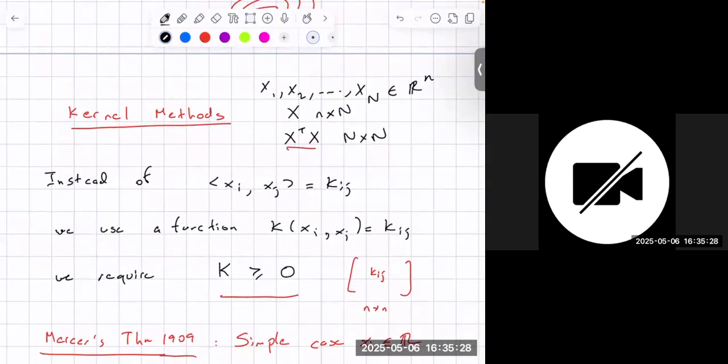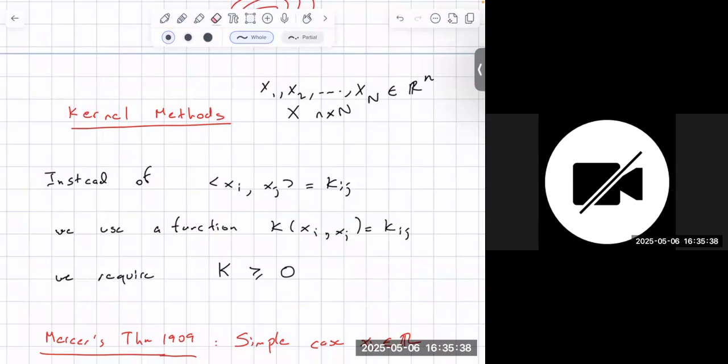Then we started talking about kernel methods last time. So what's a kernel method? So far, when your data is given by this matrix X, we use either X transpose or X transpose X. You end up taking dot products of data vectors and creating a covariance matrix.